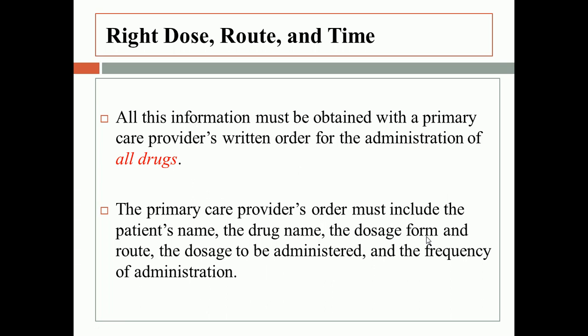It should be given in a syrup form, a tablet form, or injection. Dosage form will describe the route. For example, if it is an injectable, then we would use the parenteral route. The dosage to be administered, 500 mg, 1000 mg, and the frequency, once a day, twice a day, thrice a day, 4 times a day. How many times?